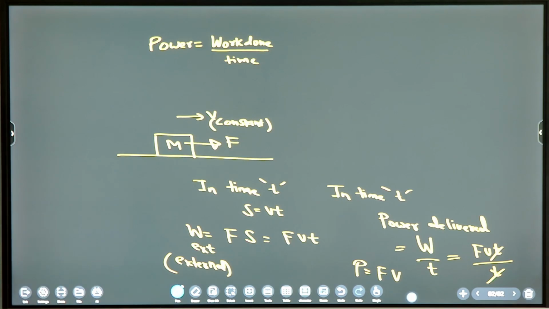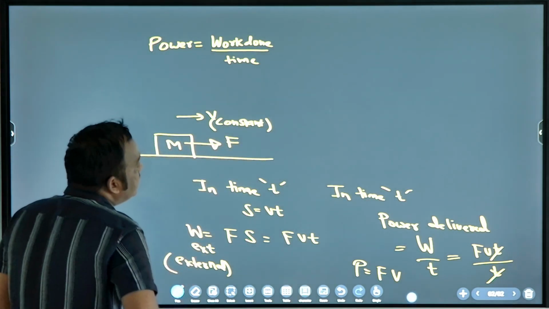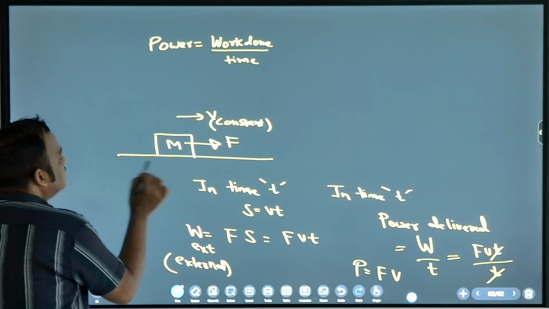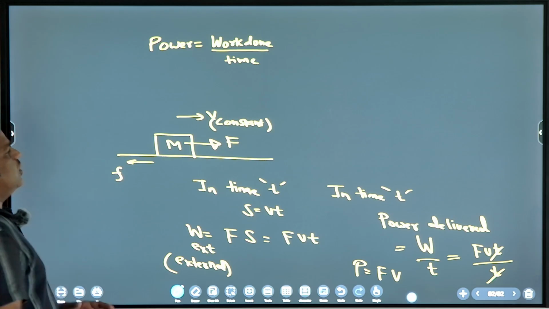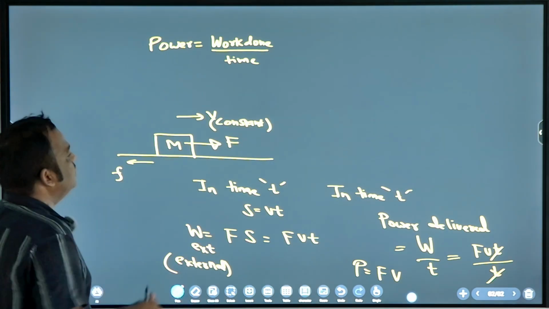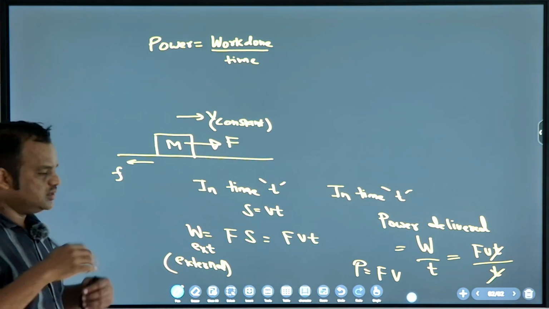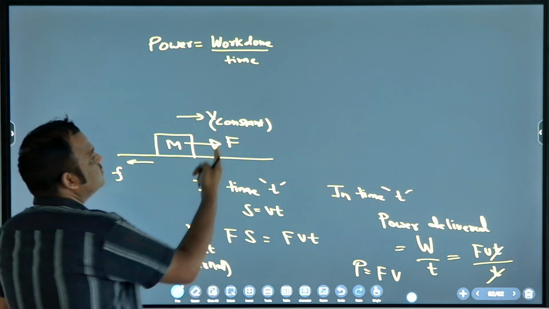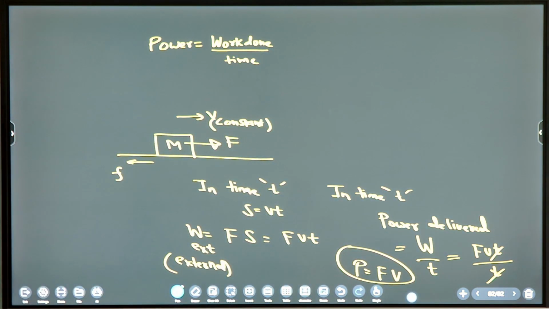Power is equal to FV. Suppose you are exerting force F and friction is also there. So how much power is the external agent delivering? Delivering means transferring. FV. Okay, understood? Force into velocity.